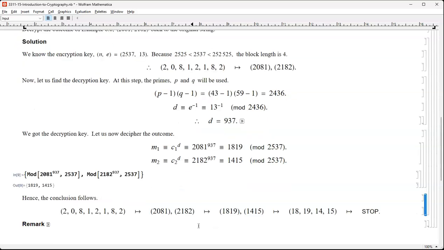So the conclusion is 1819, 1415. So 1819 is ST and 1415 is OP, and we get the original message back.